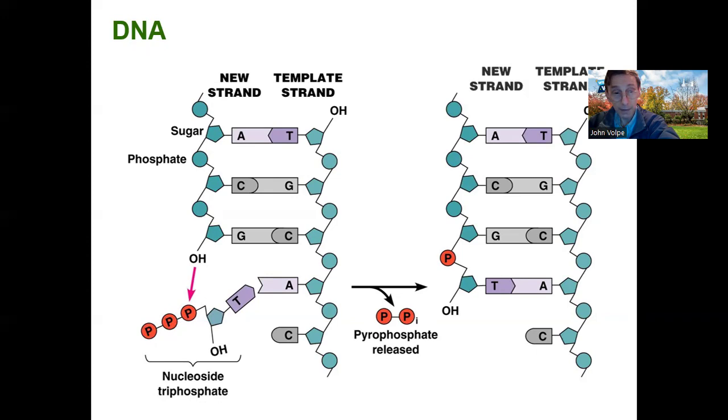And when that energy is given off, that allows the reaction of adding this T here and then binding the phosphate there to that OH group there, meaning that the T, when it binds here, will actually form a covalent chemical bond to the single strand that it's binding to, meaning this phosphate will form a covalent bond to this OH group here on the sugar group.